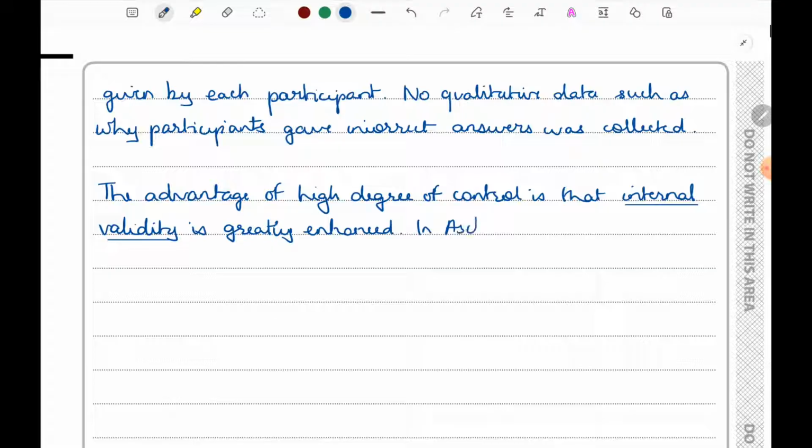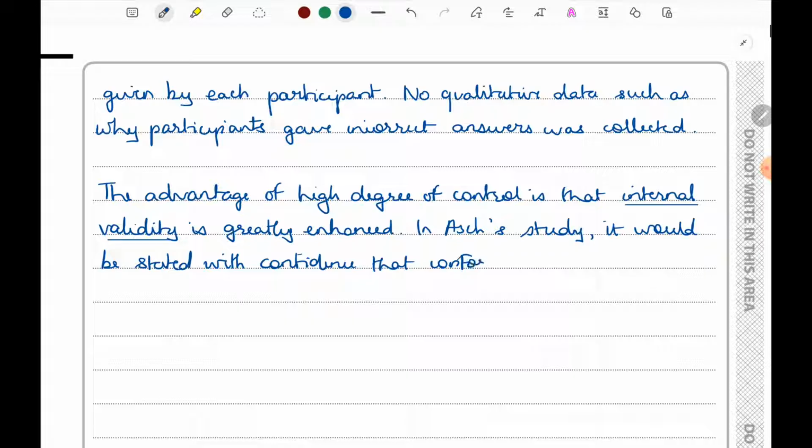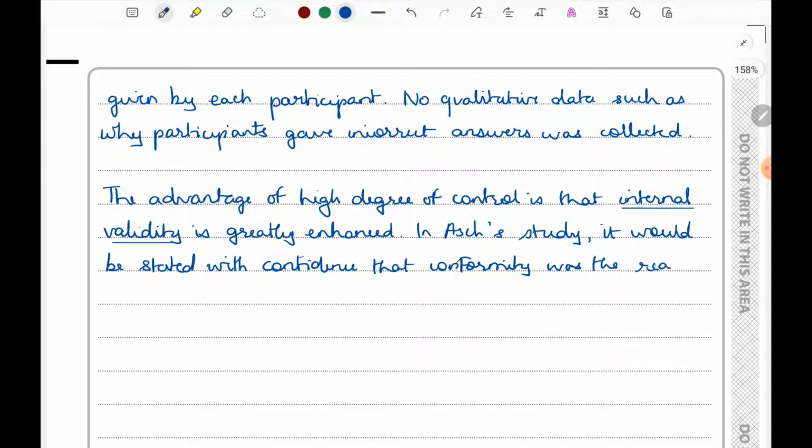In Asch's study, it would be stated with confidence that conformity was the reason for incorrect answering, and nothing else.